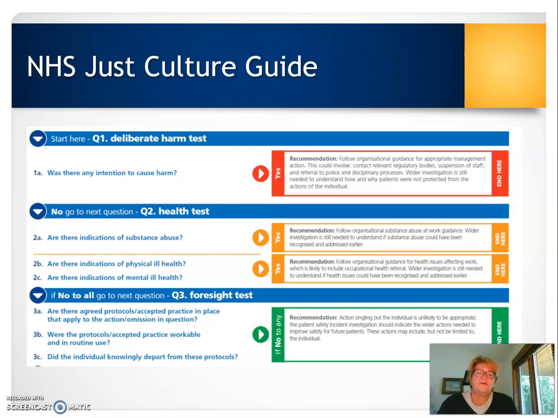And then another question that's super important is were there protocols, practices, policies in place? And were they workable and in routine use? And this is what trips up a lot of incidents because sometimes we have policies and procedures. You might have a unit policy, you could have a practice guideline, you could have an order set, you could have a system policy.